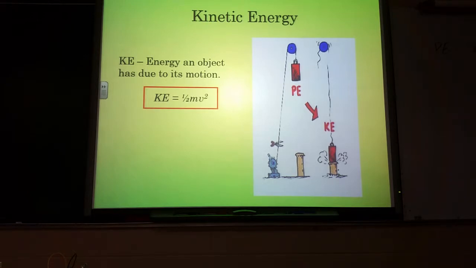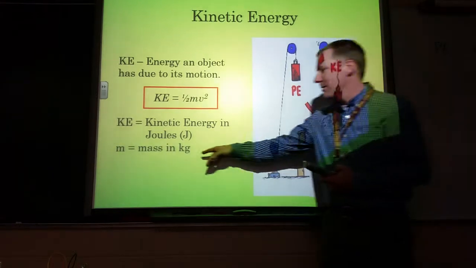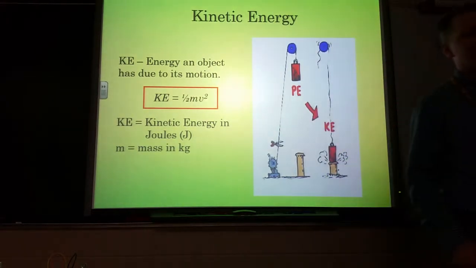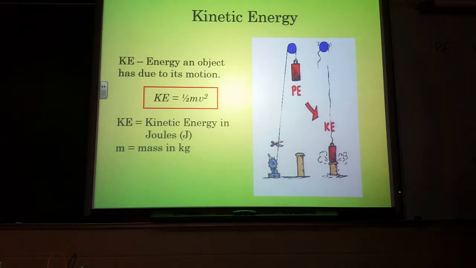That KE, kinetic energy, just like every other form of energy we're going to talk about, we're going to measure in joules, because that allows us to easily switch from one form to another. M, as usual, is mass, and just as usual, we're going to measure it in kilograms in physics whenever we measure mass. What about that V?